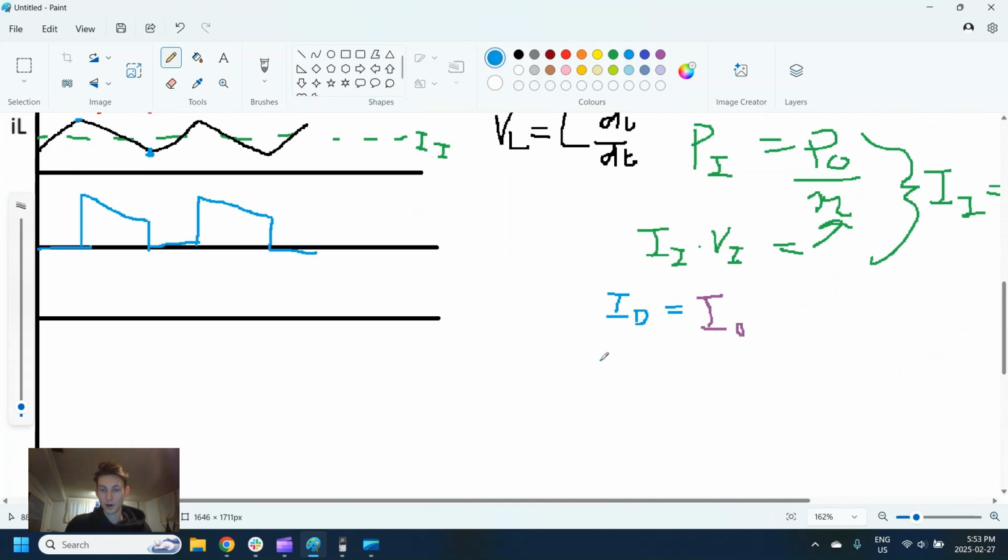And we know furthermore that the instantaneous current in the diode is going to be equal to the output current, which again, like we've said, is an average value, is constant, plus the current in the capacitor.